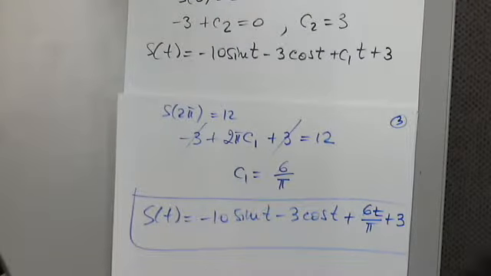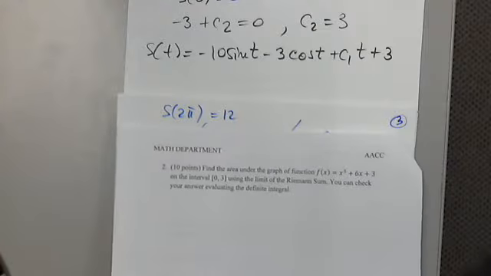It's the exact unique function that has the given acceleration as second derivative and complies with the two given conditions, s of 0 is 0 and s of 2 pi is 12. Do we understand this problem? This comes from section 4.9 on antiderivatives. Okay? Okay, moving on to number 2.